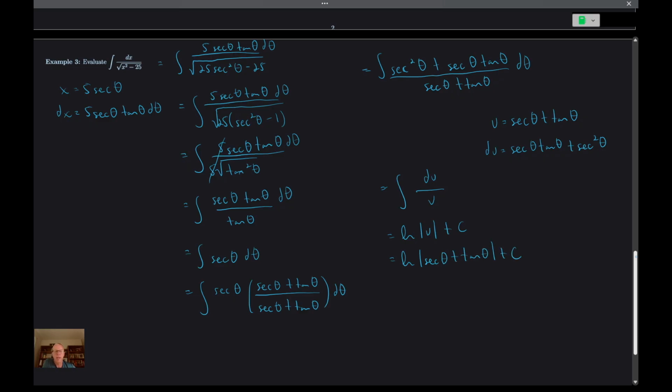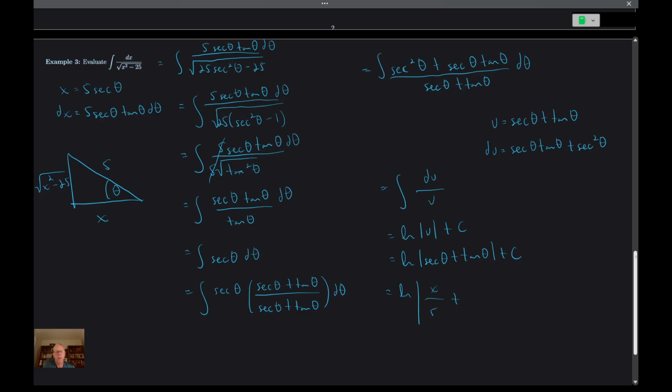Now we need to get back to x, so let's draw our triangle. Secant theta is x over 5, so that's hypotenuse over adjacent, and then the third side is √(x² minus 25). So we end up with ln. Secant theta is x over 5.